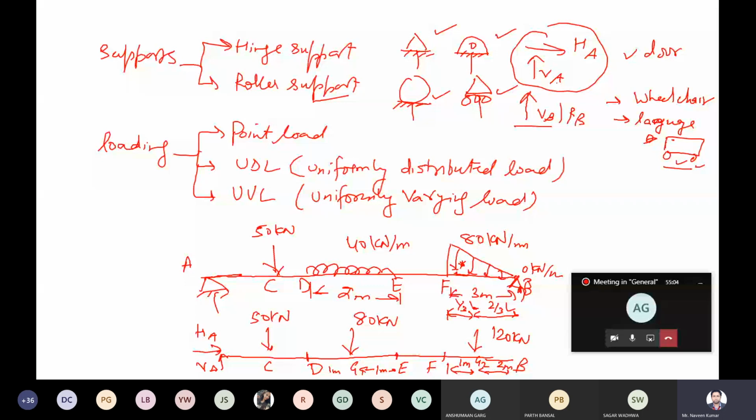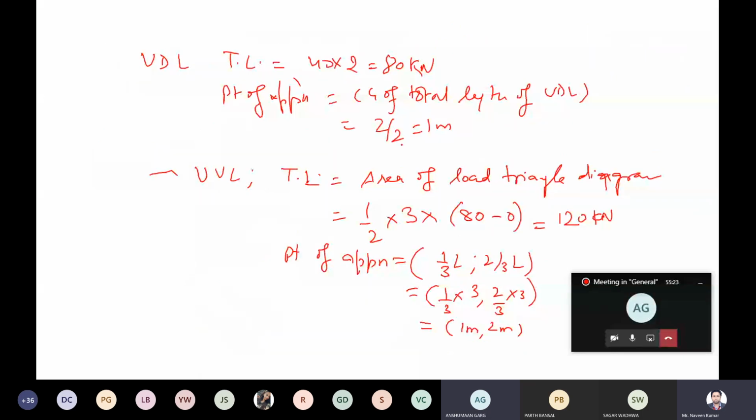That will be at the center of the UDL. This is by common sense, because it is evenly distributed over the entire length of the UDL. That's why we take it as the center. That will be 2 by 2, it is 1 meter. Okay, sir.